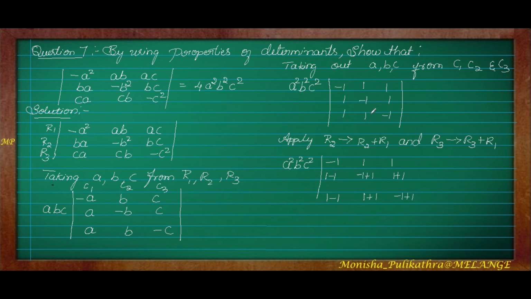Okay, so here a square, b square, c square remains as it is. The first row will remain as it is. 1 minus 1 is 0. Minus 1 plus 1 is also 0. 1 plus 1 is 2. Next is 1 minus 1 is 0. 1 plus 1 is 2. And minus 1 plus 1 is 0.